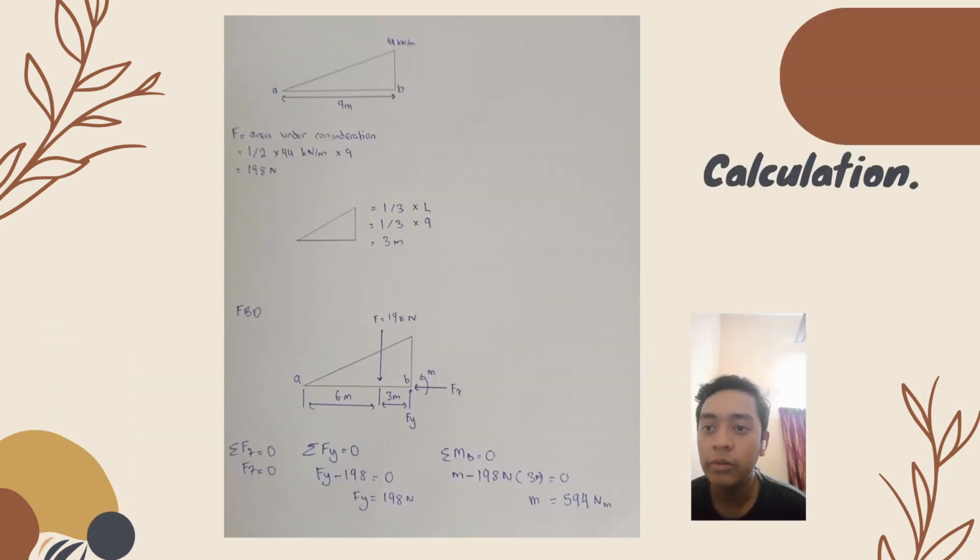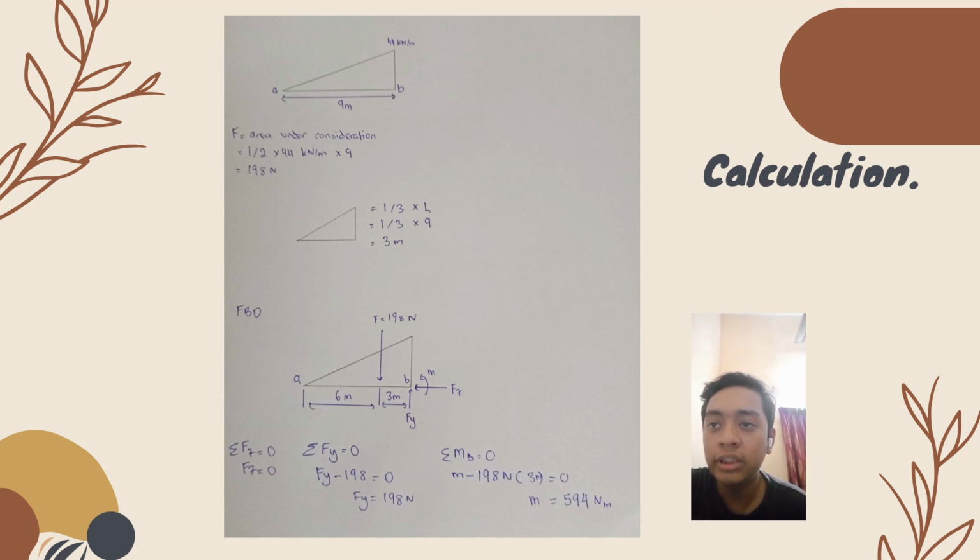Okay, first step for calculation, we need to change the distributed load to a concentrated load and determine the magnitude of the concentrated load. For the force equal to the area under consideration, we get 1/2 times base times height, which is 198 Newton.